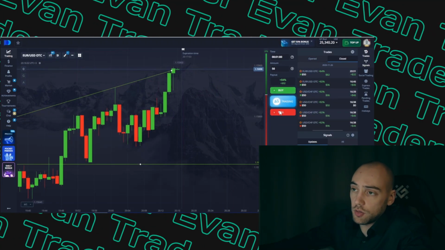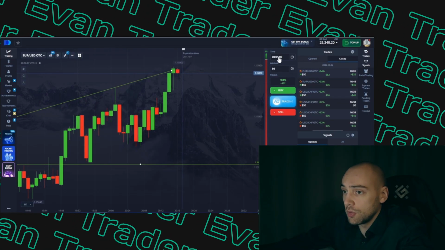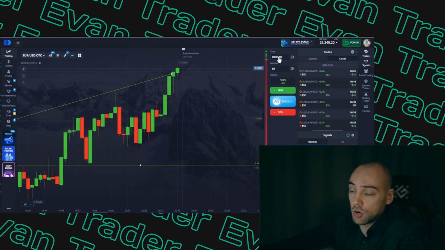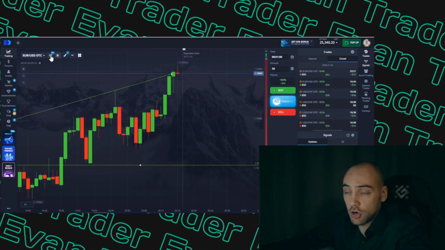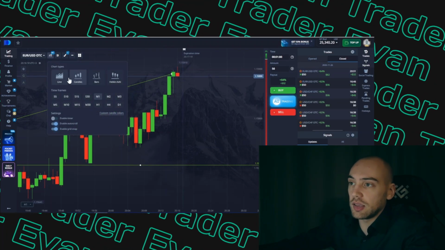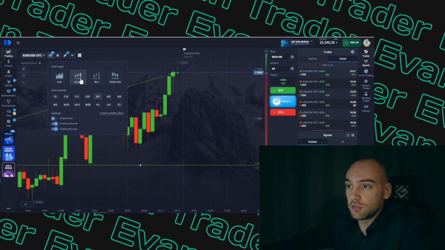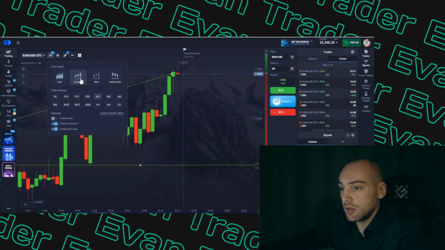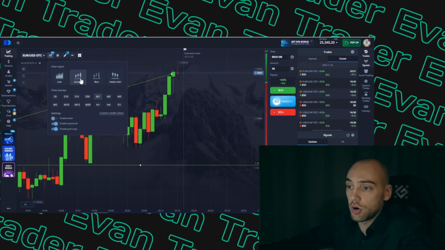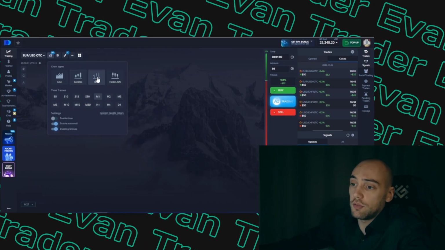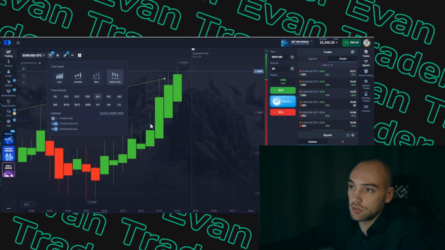So here on the right, we can see our order settings, the time frame, and the volume of the bid that we're going to work with. We can also choose the chart type. I prefer using candlesticks like we have right now because they give lots of information about the market sentiment and help with analysis. There are also bars. We have other types of candles, like reverse candles.